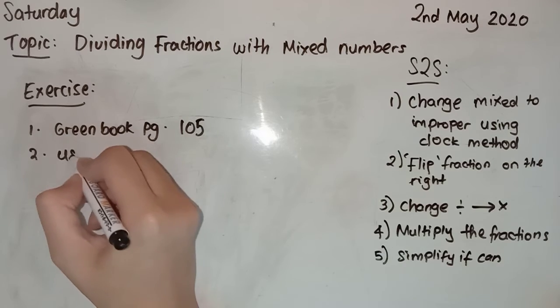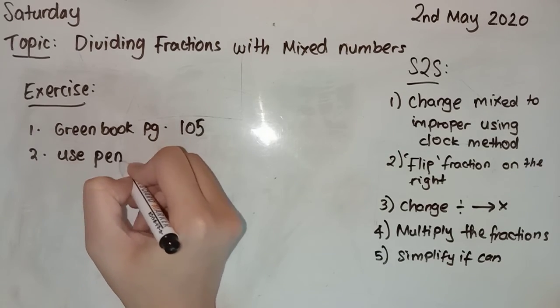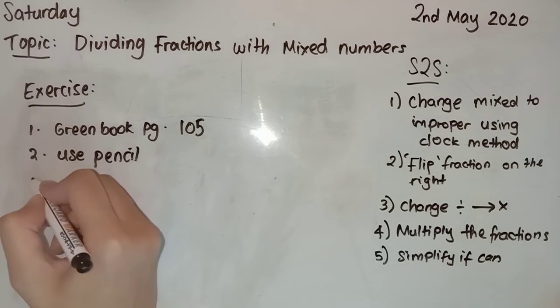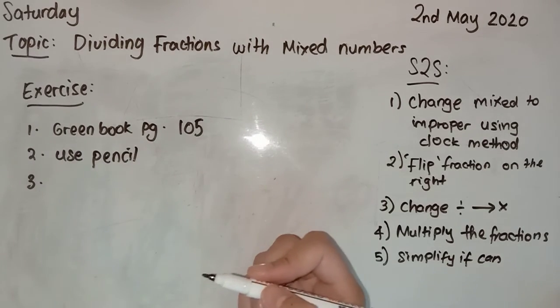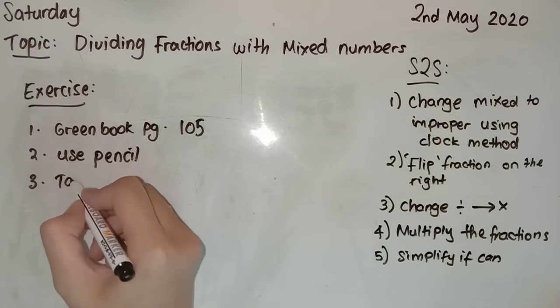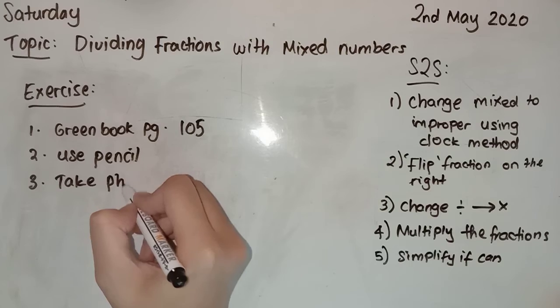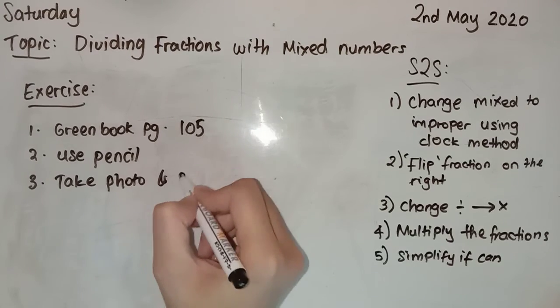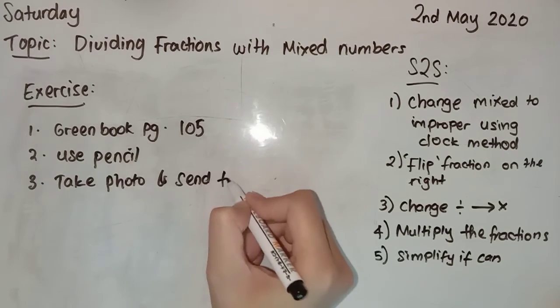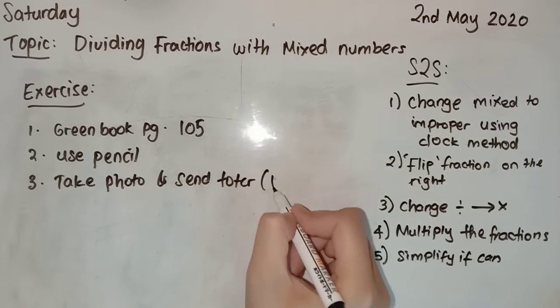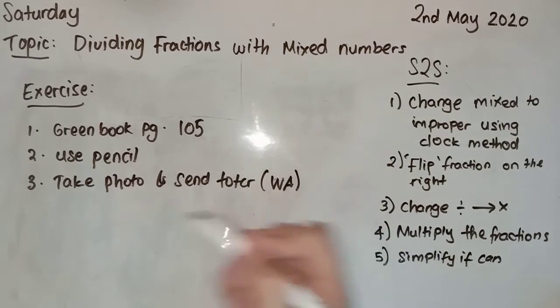Use pencil. Some of you are still using pen. There's a reason why teacher asks you to use pencil. And then if you have done, please take a photo as usual and send to teacher through WhatsApp. I just write it down here, WhatsApp.